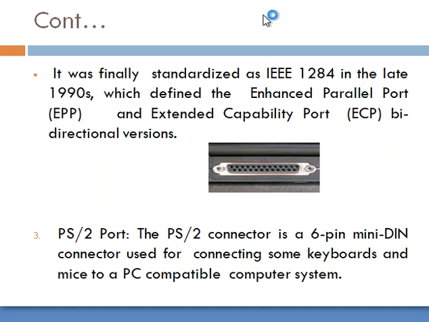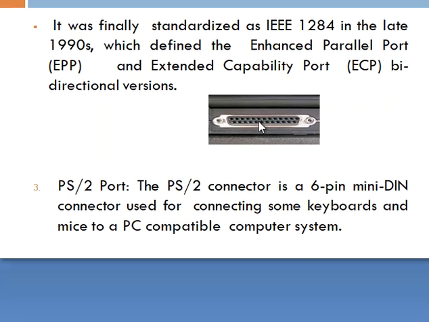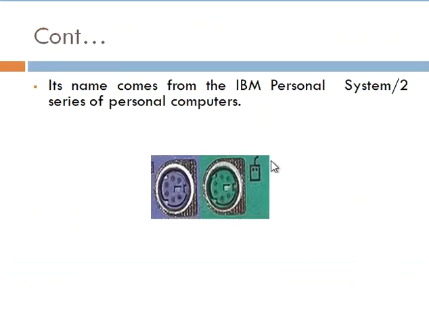After this, the PS2 port. The PS2 port is a connecting device for a mouse and keyboard. The purple one shows the keyboard and green shows the mouse.